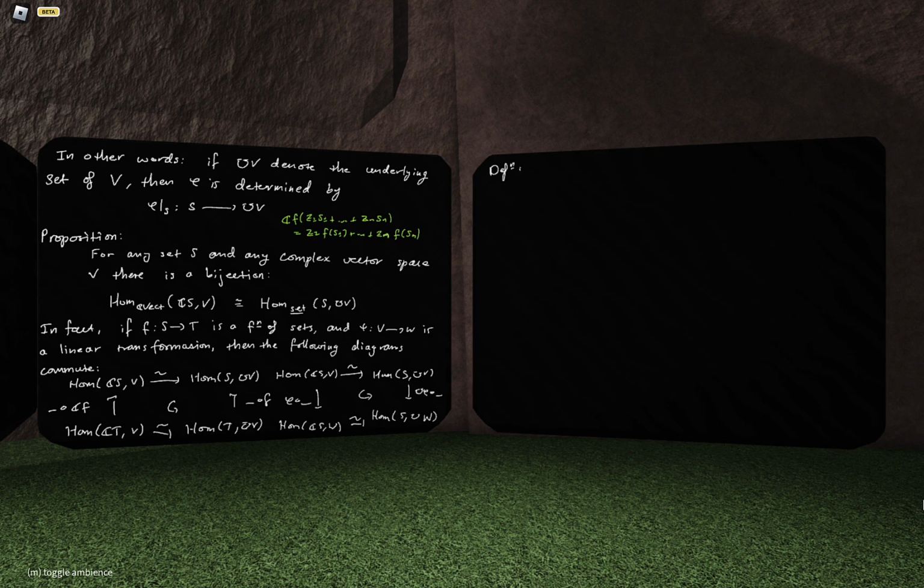Nice. Okay, so the definition of an adjoint pair is the following. Let F from C to D and G from D to C be a pair of functors.